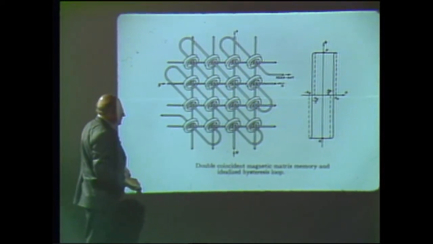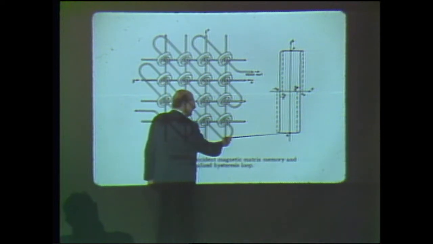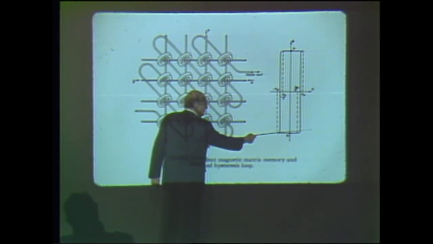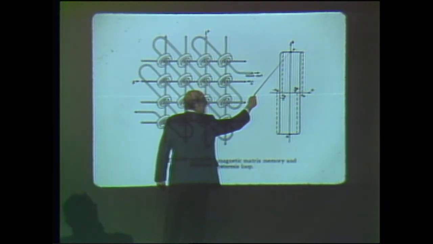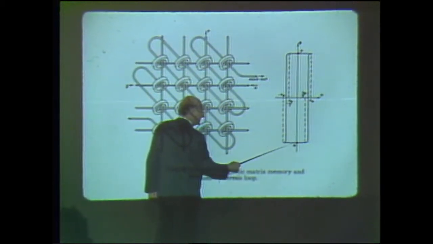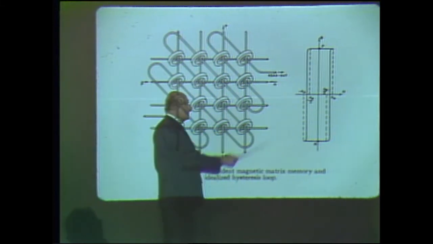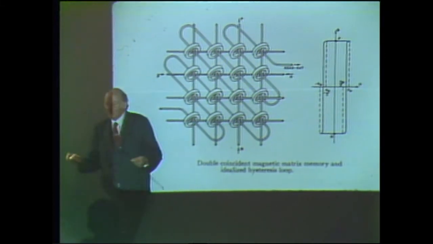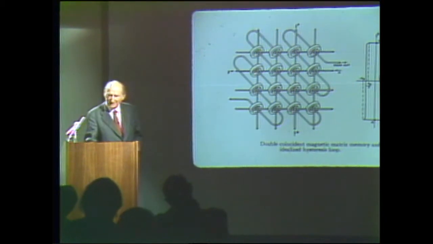Well, now if you put a very strong current, say in the positive direction, then the magnetization goes like this, and then when you come back to zero, it stays here. On the other hand, if you put a very negative current, it will go like this, and it will stay here. So it will stay naturally in one or the other of the two states, and that's, in a sense, a gift of nature. The magnetization is one way or the other, and it stays that way for free.